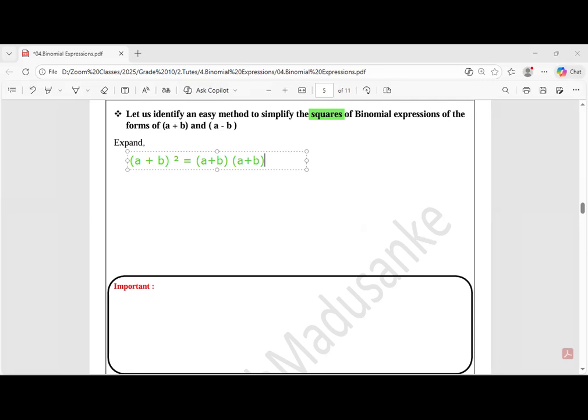Equal mark. You know how to simplify this, right? Please try to obtain the final answer of a plus b into a plus b by simplifying. Within 30 seconds you can do it. Do it fast.